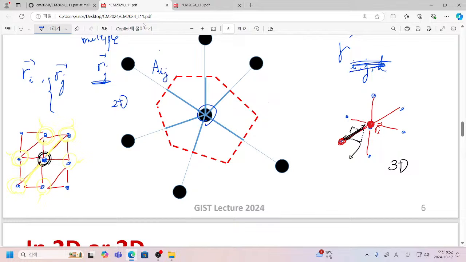What does it mean? Here i is our center point and j is its first nearest point, and the relevant area is written as A sub ij.